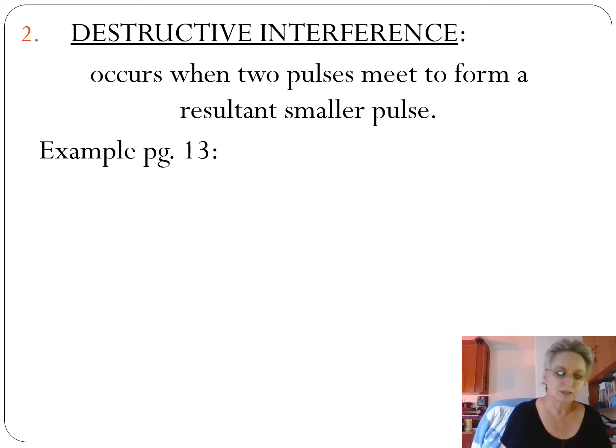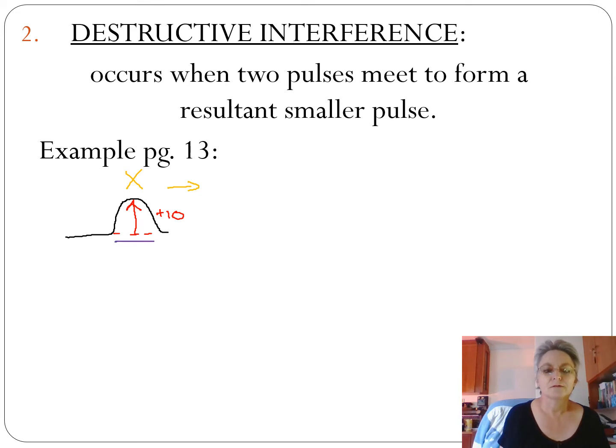On page 13, they've got a pulse that is moving to the right, that has a positive amplitude of 10. I'm going to call it pulse X, moving to the right, and its amplitude is plus 10.